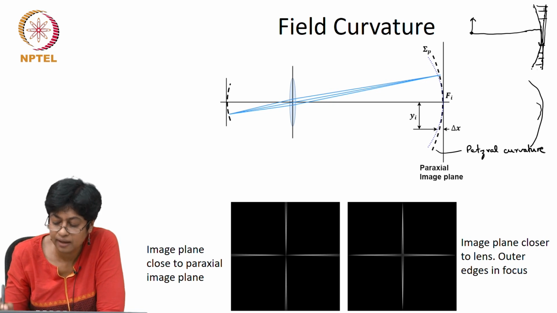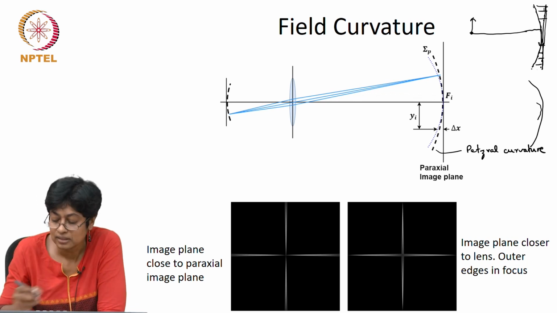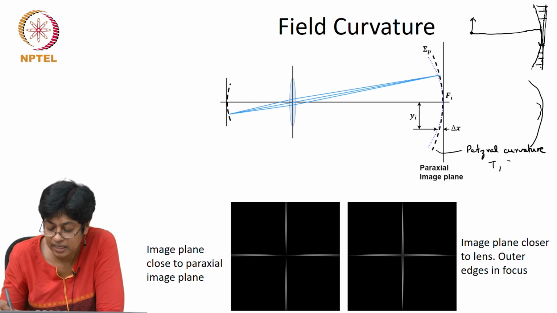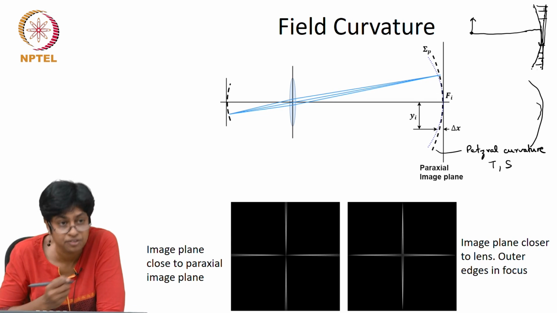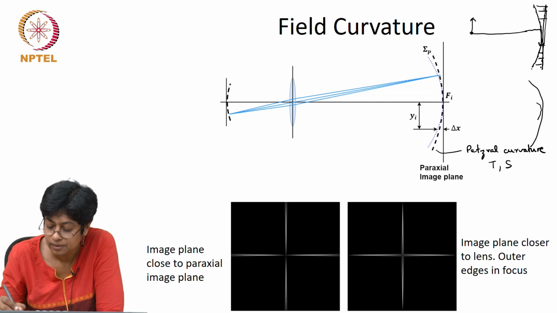Now, if you have an on-axis point, the tangential rays, the sagittal rays, and this Petzval curvature, these three surfaces all lie on the same surface. They're all the same surface.